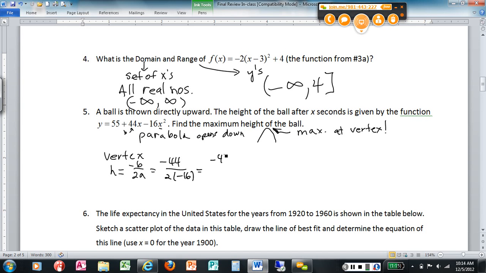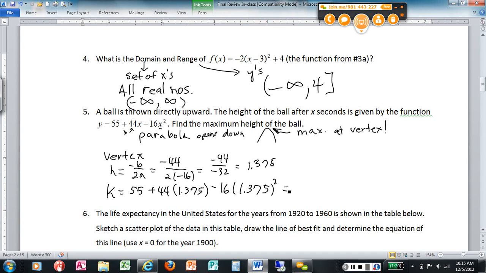So you got -44 over -32, which is... Divide that out, what? 1.375? And so then the k, plug in that for the x, so we have 55 plus 44 times 1.375 minus 16 times 1.375 squared.